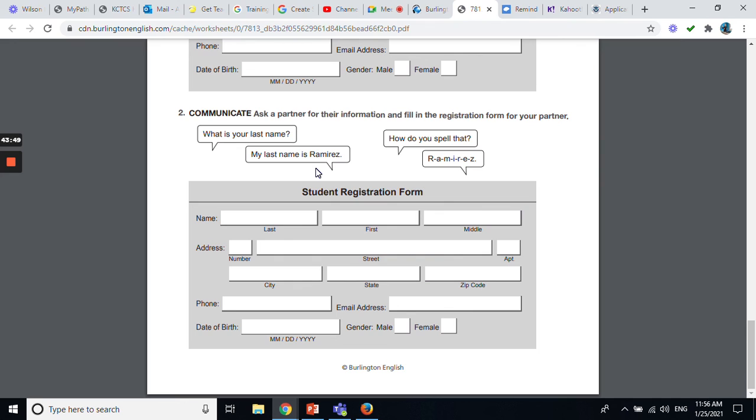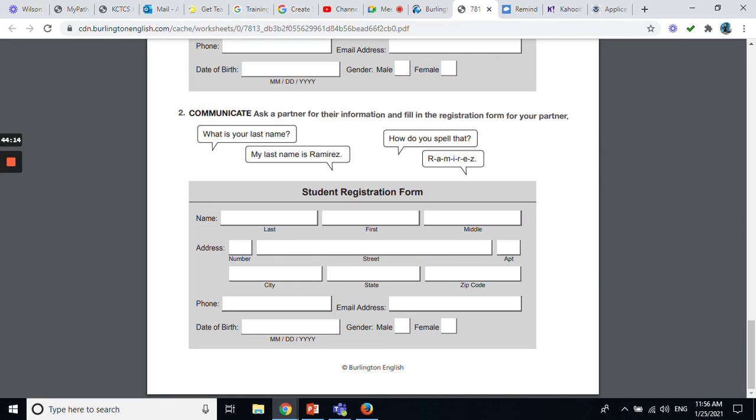So my last name is Al-Attar. Most of the time they will ask me, how do you spell that? How do you spell your last name? Okay, so I have to spell each letter separately. A-L-A-T-T-A-R. This is my last name, Al-Attar.